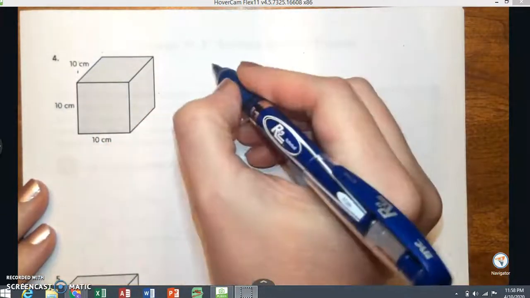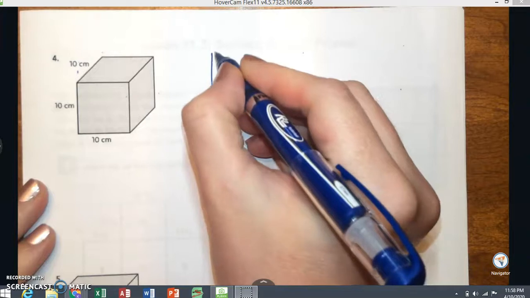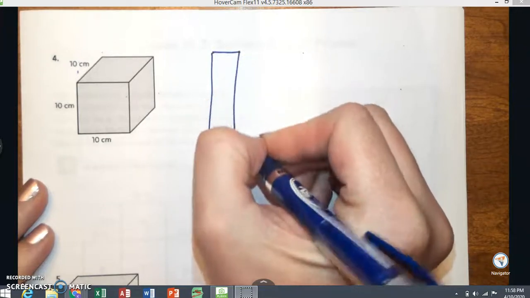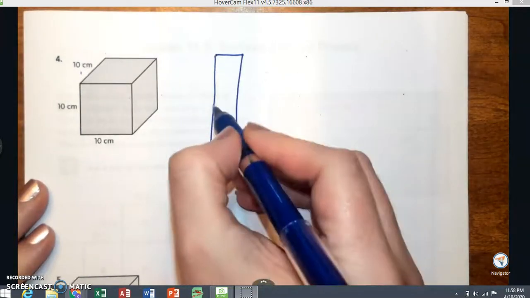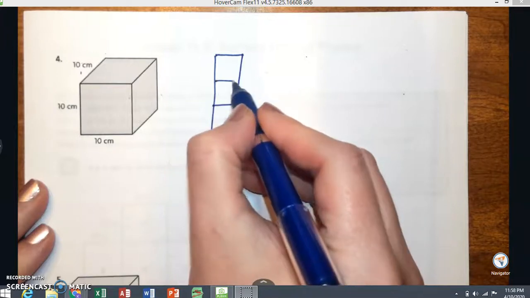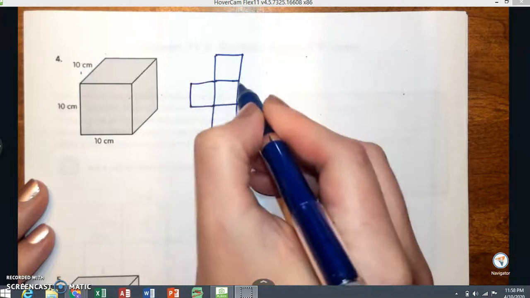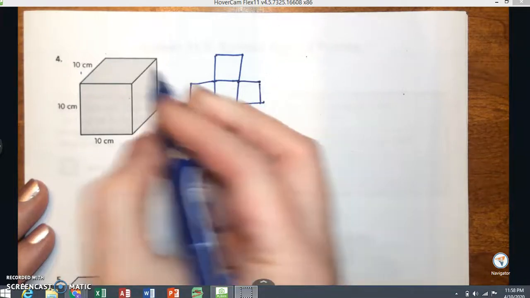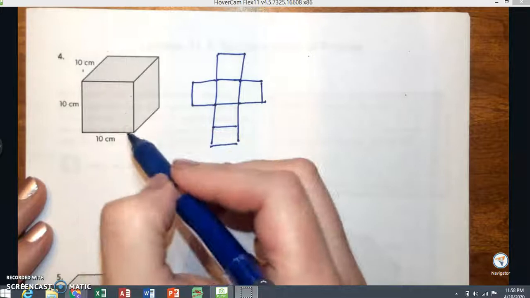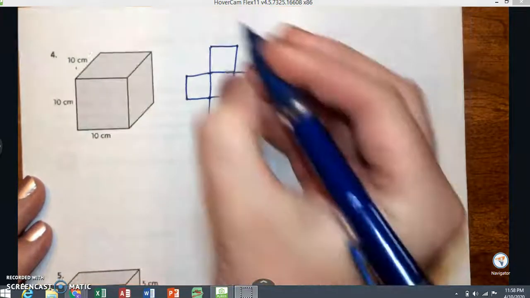Alright, so here we are again. This time we have a cube again. I'm going to try my best to make this look like a cube. Alright, so I know it's a cube because my length, width, and my height are all the same. They're all 10.